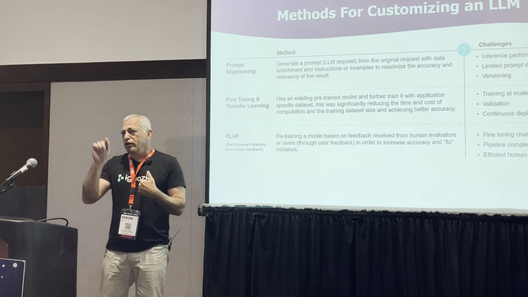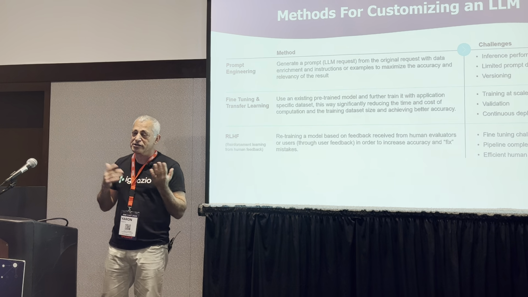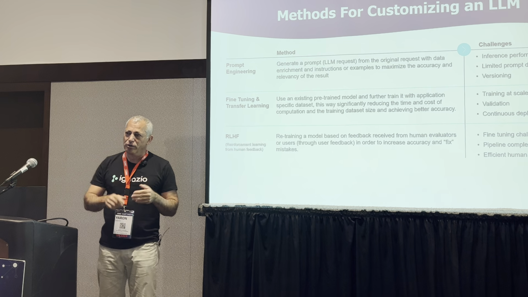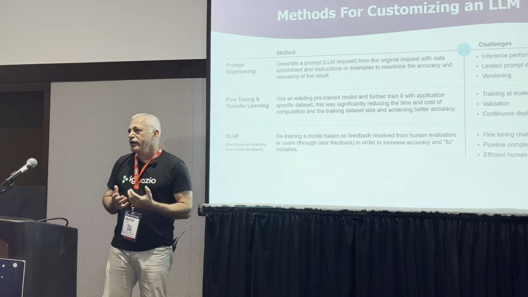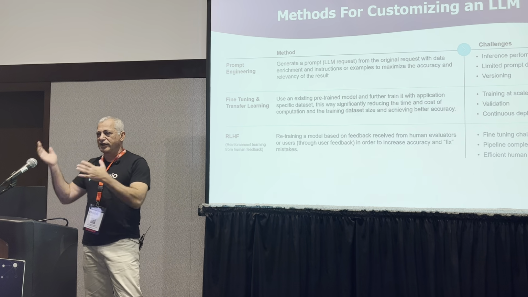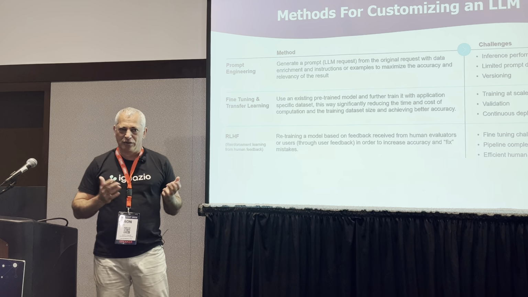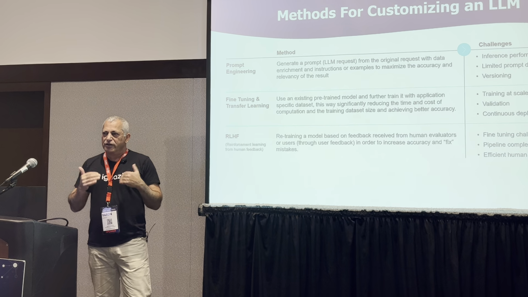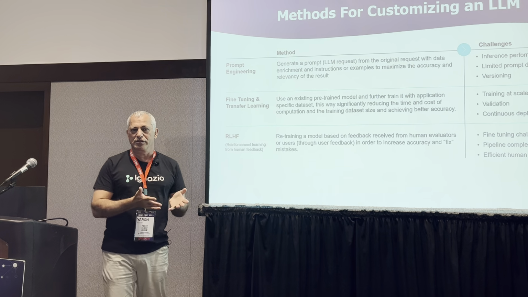We can even put a button near the response for the user saying, was the answer accurate? If it says no, we send it to a human later. So there are different ways of not just statistically sending all the requests and responses to humans, because that's going to be expensive, maybe even using a model that examines the results.